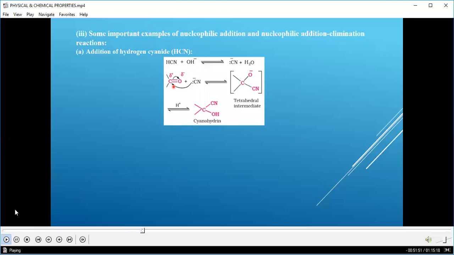Now this cyanide ion reacts with the carbonyl group present in the carbonyl compounds. It can be an aldehyde, it can be a ketone. This is a nucleophile, and the addition reaction has to take place, which means the pi bond has to be broken.